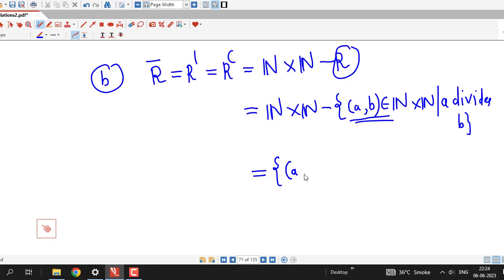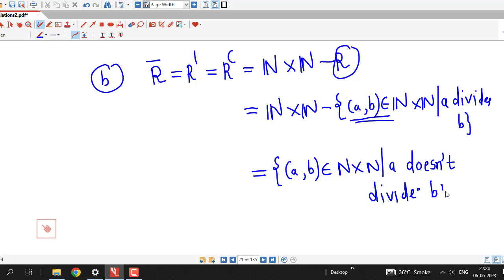So we are writing all those ordered pairs (A, B) in N cross N for which A does not divide B.